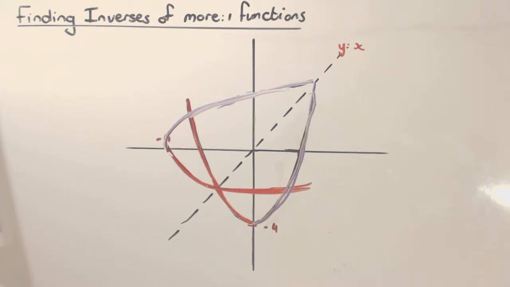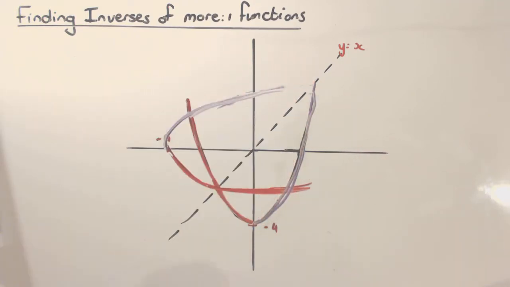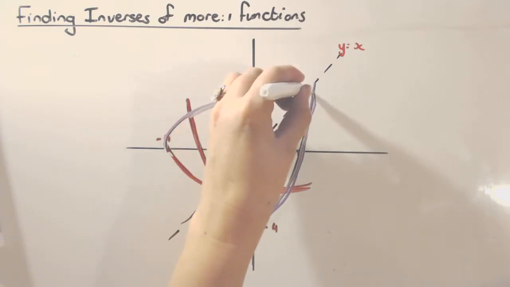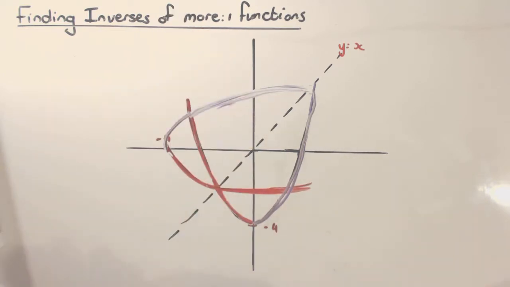And then another important thing is, if I find the inverse of a function, I actually want my new function to also be a function. Now you hopefully know already that if you find the inverse of a many-to-one function, the new relation is not a function.